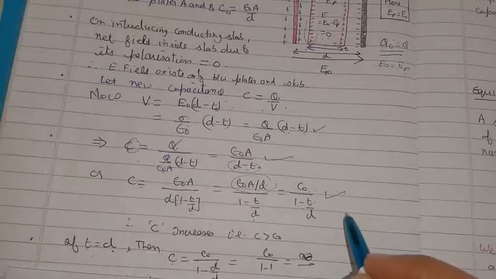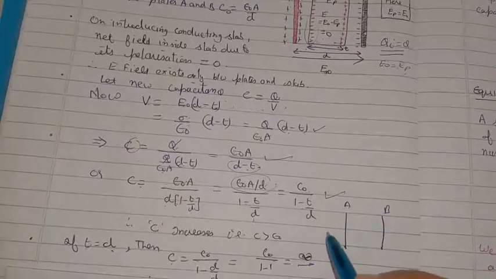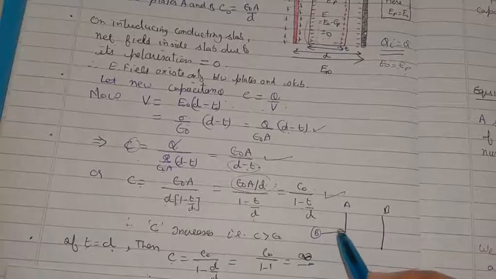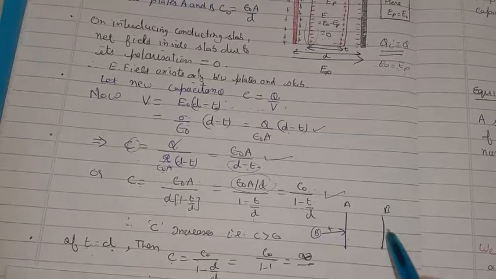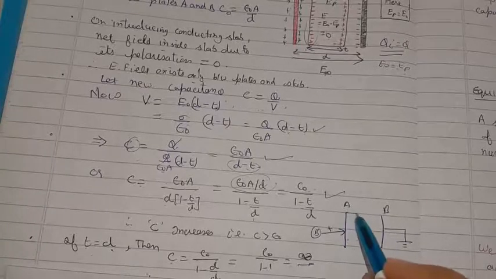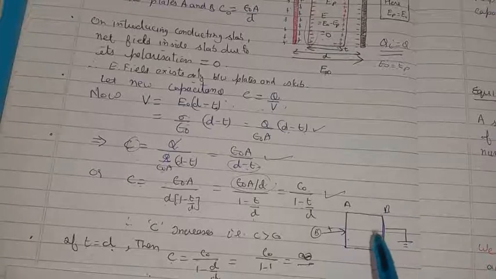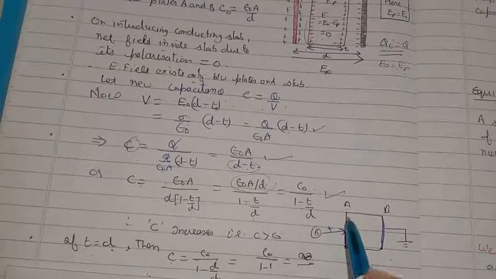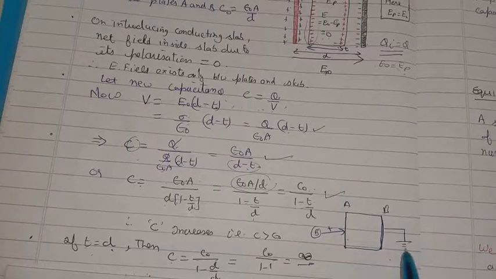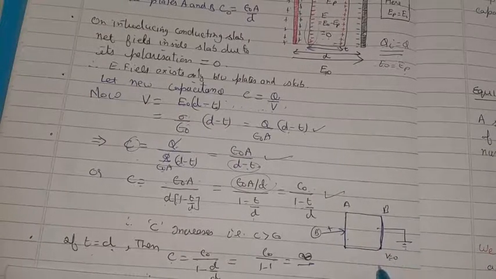Reason? If this is plate A and this is plate B, we know that the battery continues to transfer the charge onto plate A while plate B is grounded. So if a conducting slab is introduced between the two plates, it provides an electrical contact between plates A and B. Because plate B is connected to earth, its potential will always be equal to 0.